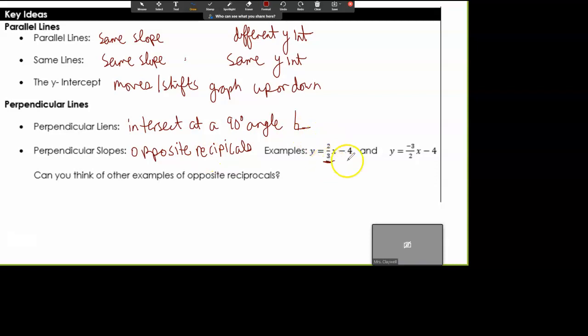So for example, 2/3 and -3 over 2. Our numerator is now the denominator, and what was positive is now negative. Other examples: the opposite of 2/5 is -5 over 2. Negative 3 over 1, flip it, 1 over 3, but it's now positive.